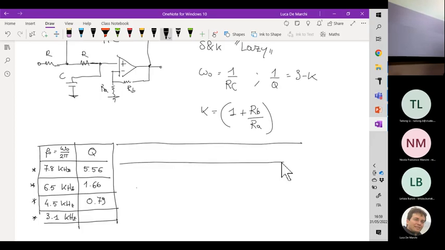So for each stage, we have to design the specific gain K of the non-inverting configuration.